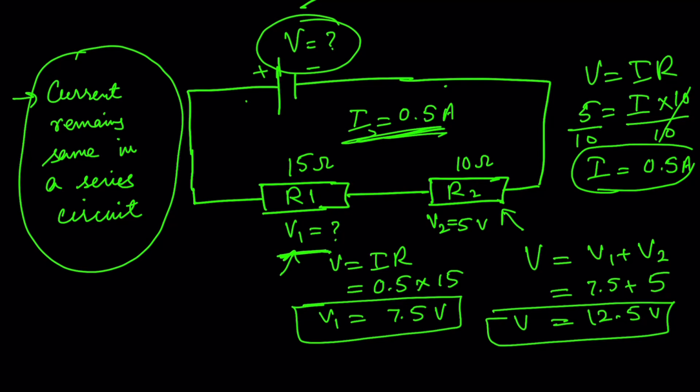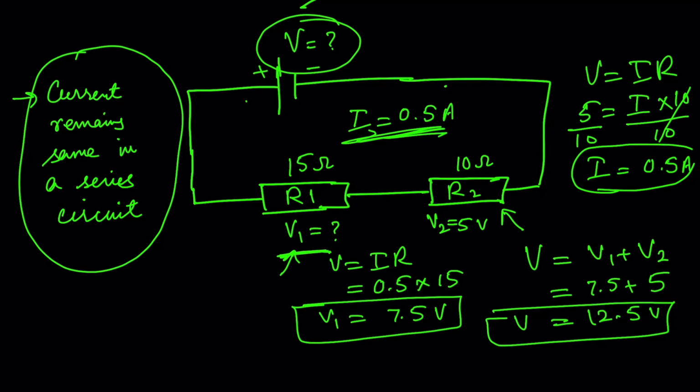There are two important factors that you have to keep in mind. One, the rules. The second thing, Ohm's law, V equals IR. That will be applicable everywhere. So this is it for the example for the series circuit and the parallel circuit.